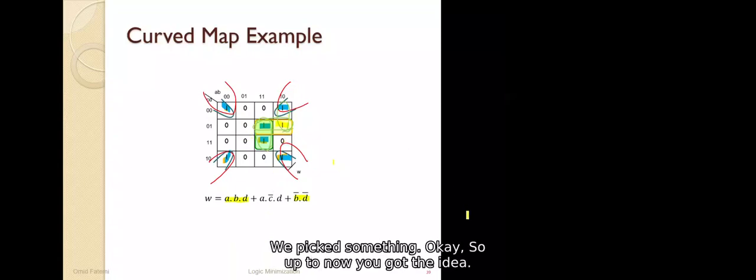But the next two, we had the choice. So these two, B naught D naught and A B D, are essentials. The next one would be optional, so you could use either this one or that one. We picked something. Okay? So up to now you got the idea.